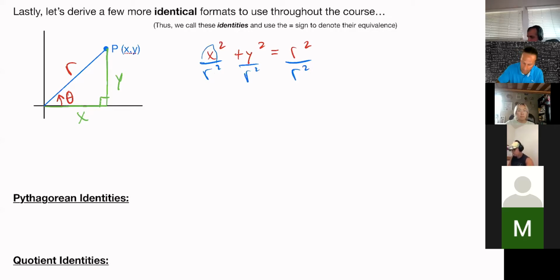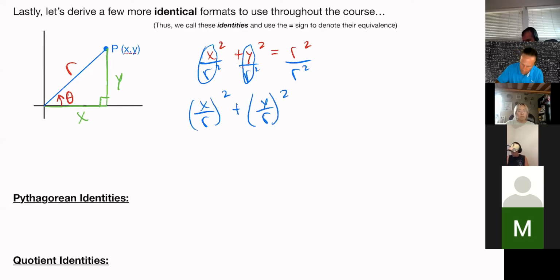Because now I can write this as x over r with the whole thing squared, so I don't have to write it twice, plus this one, y over r with the whole thing squared. And we know anything divided by itself is 1. Now, why did I write it like this? Well, remember, what did we just get done memorizing? What is x over r and what is y over r equivalent to? Cosine and sine. Very good.